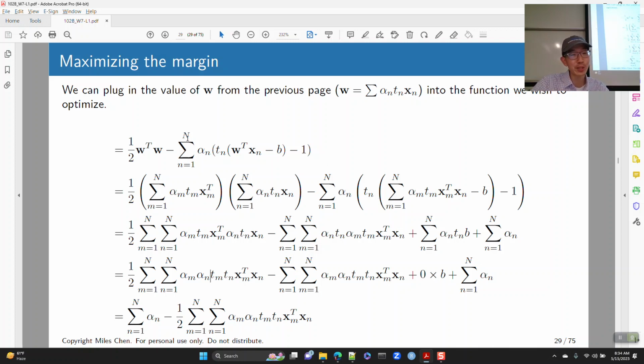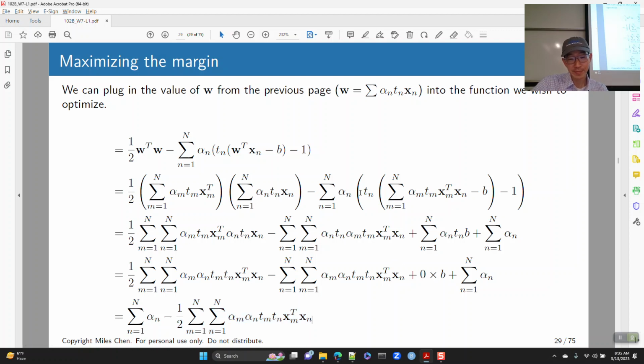Here I have the sum from 1 through n for alpha sub n, and then here I've got a w, and if I use subscript m from 1 through n, because again it's the combination of all possible elements, then we get the exact same product here. So this whole thing and this whole thing can combine. I've got a 1/2 over here and a -1 over here, so I end up getting a -1/2 of all of this.